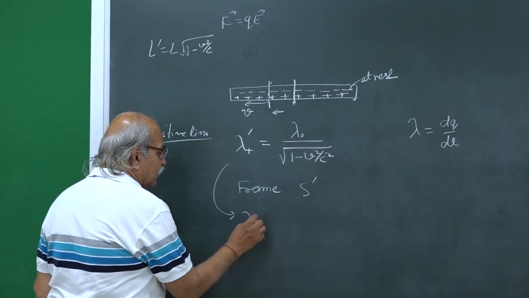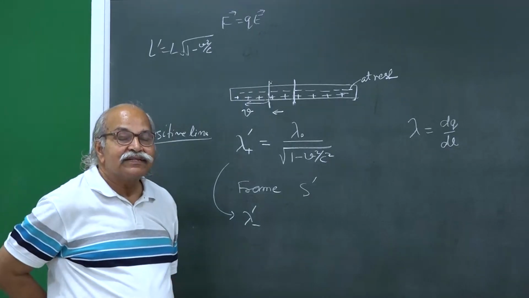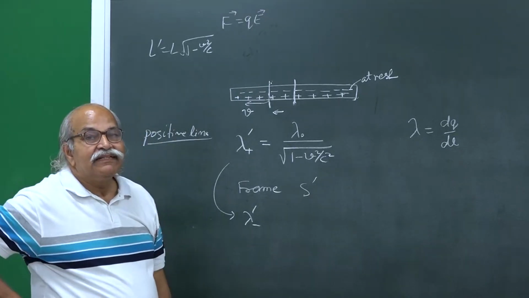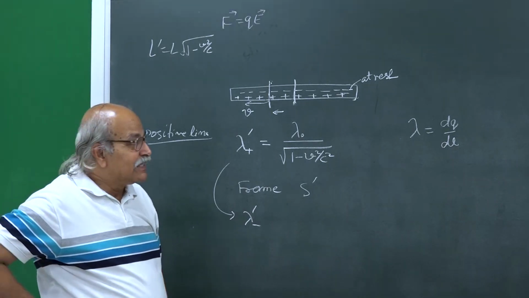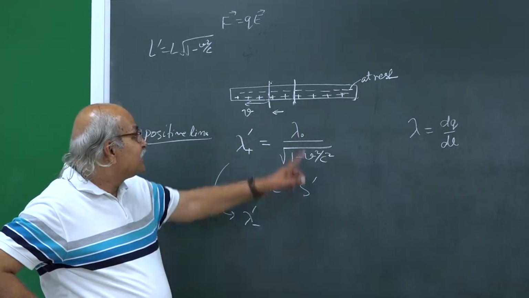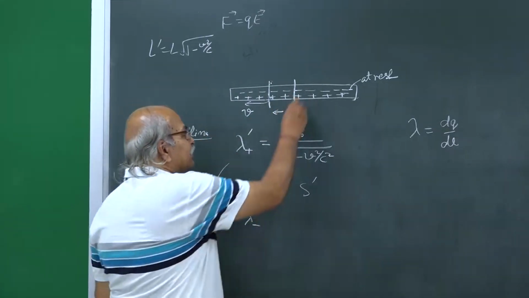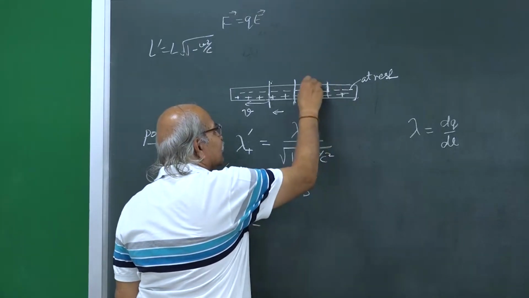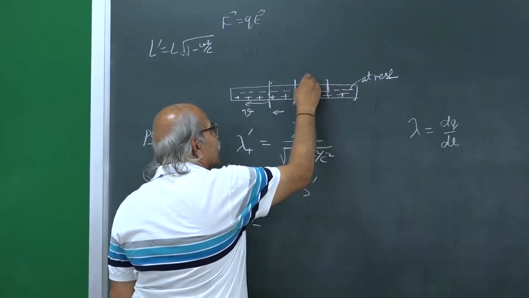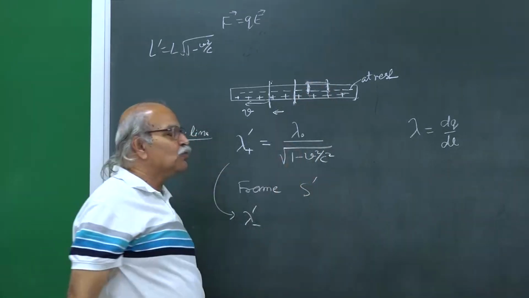lambda minus prime. What is the linear charge density of the negative charge line? So, negative charge line is at rest here. So, if I consider a length here, one mark here, one mark here, I am looking at this negative charge here inside, in between these two.